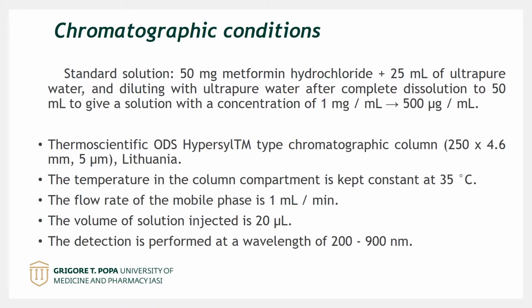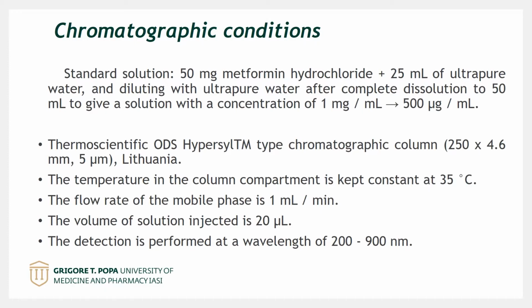Most research studies state the use of a non-polar stationary phase, C18, the length of the column being variable, and the mobile phase consists of a mixture of 2 or 3 solvents, for example acetonitrile, methanol, phosphate buffer, ammonium buffer, having a pH ranging from 3 to 7. The ratio of mobile phases differs a lot, for example, acetonitrile being used in a proportion of 5% to 65%.